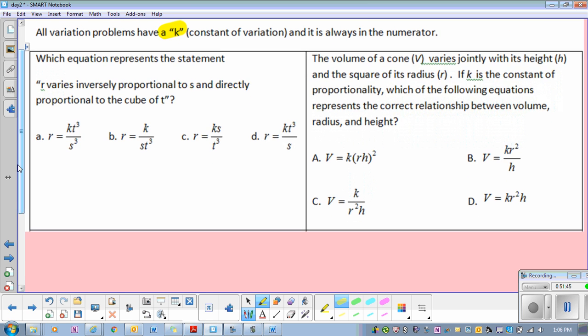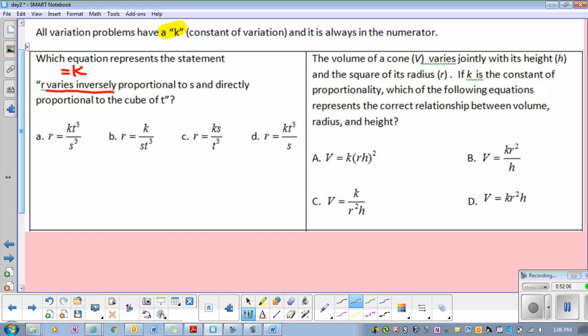Which equation represents the statement R varies inversely to S and directly proportional to the cube of t? All right, to start from the beginning, if you see the word varies, that means equals k.